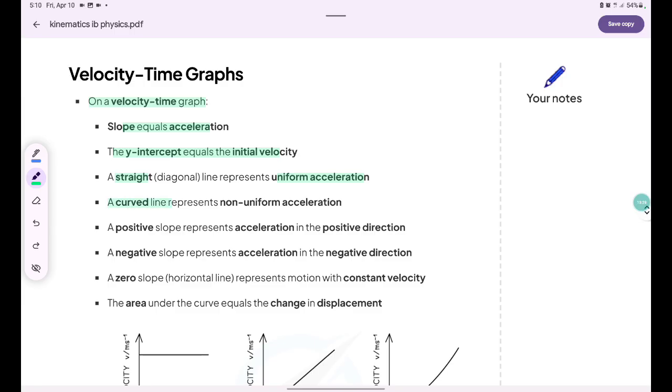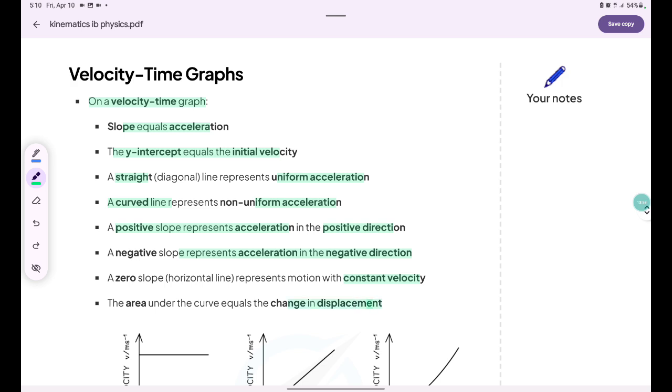A curved line represents non-uniform acceleration. A positive slope represents positive direction. A negative slope represents negative direction. A zero slope, a horizontal line parallel to the horizontal axis, represents motion with constant velocity. And finally, the area under the curve equals the change in displacement.